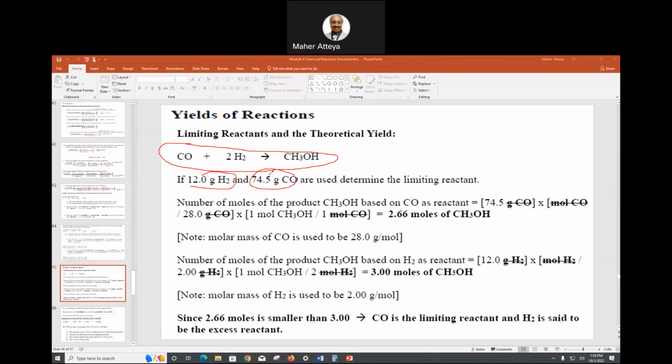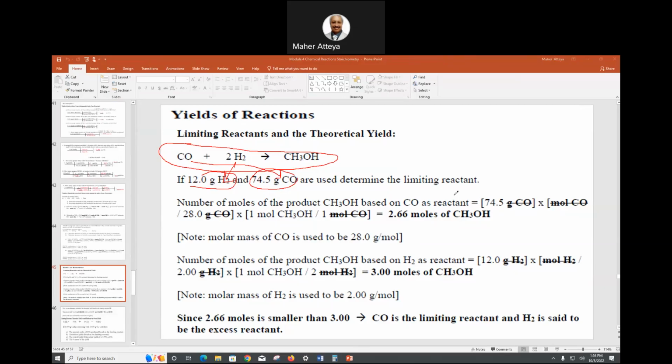So this one here goes for hydrogen, and this one goes for carbon monoxide. So I know the grams I started with. Now the question is, what is the limiting reactant and what is the theoretical yield? The theoretical yield is how much I will obtain based on the smallest amount of the reactants being consumed 100%. So based on the limiting reactant.